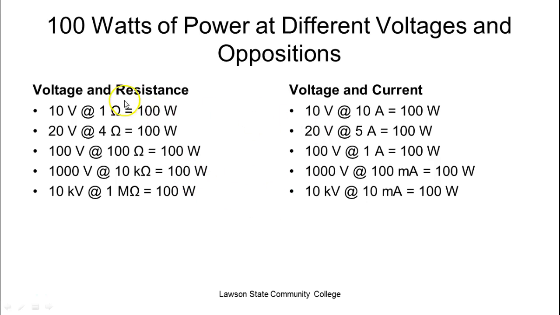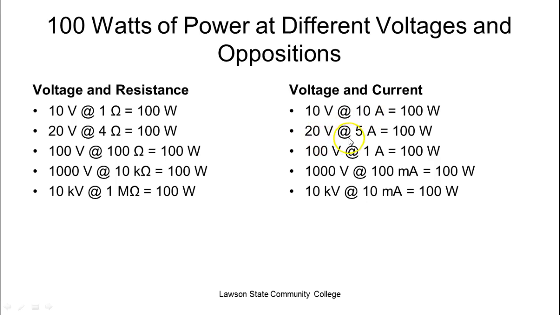These are some examples we went over real fast. If we had delivered 100 watts at 10 volts, it would take 10 amps.